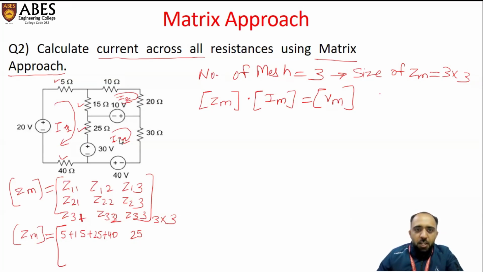If this is the mesh 3, you can write anything. This was the I1, this was the I2, this was the third mesh, and the current flowing is I3. So minus 15 will be the Z12. Now Z13, in between 1 and 3, this is 25 ohm resistance.